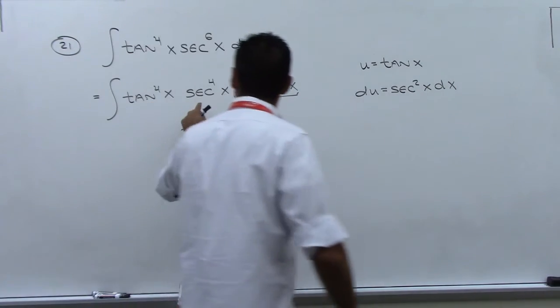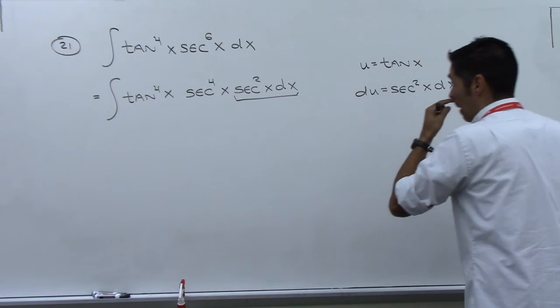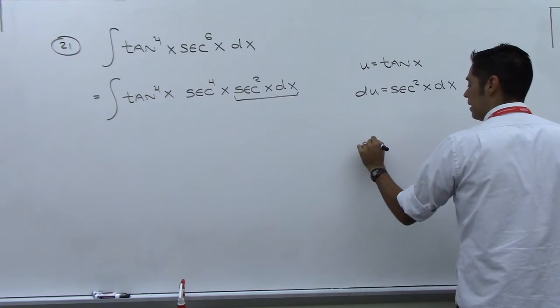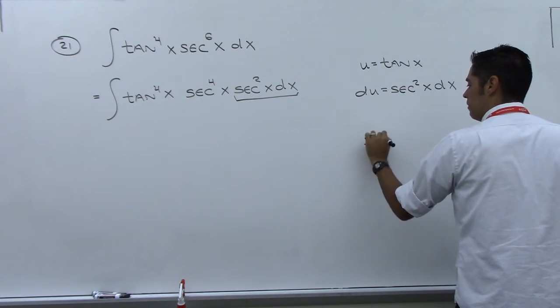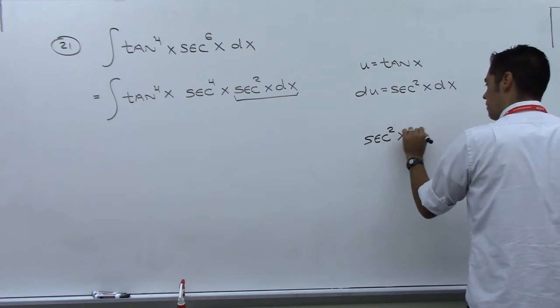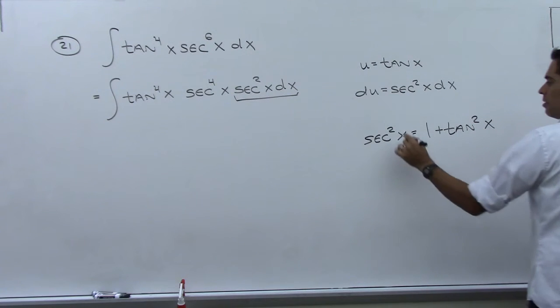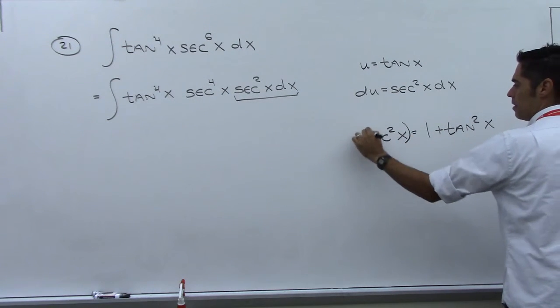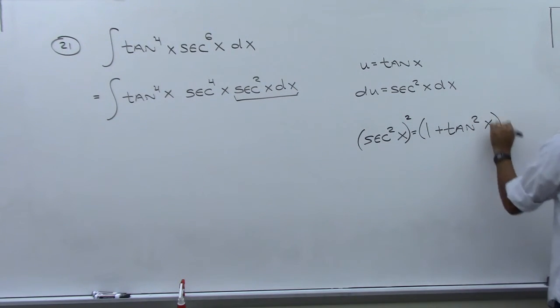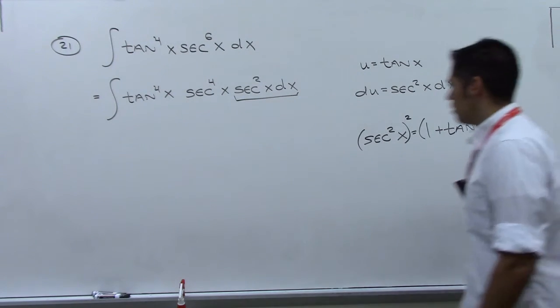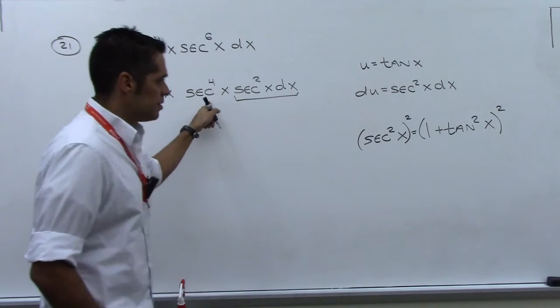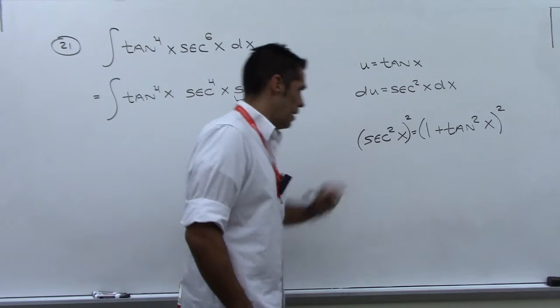Okay, so we've got to deal with the secant to the fourth. Going back again, we had said by the Pythagorean identity, secant squared x is 1 plus tangent squared x. If this is to the fourth, we can say that's that squared. So I'll replace secant to the fourth x with that.